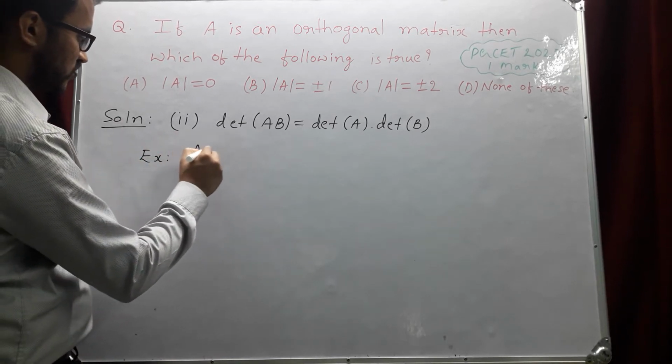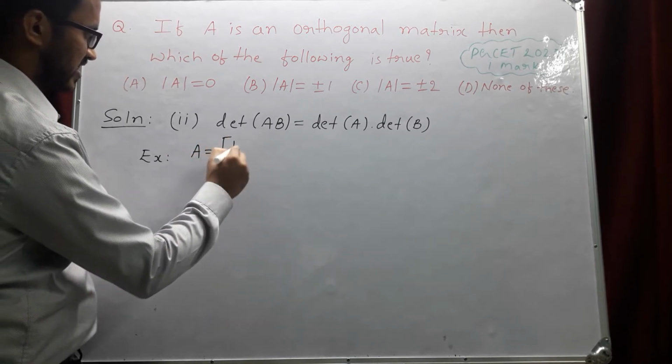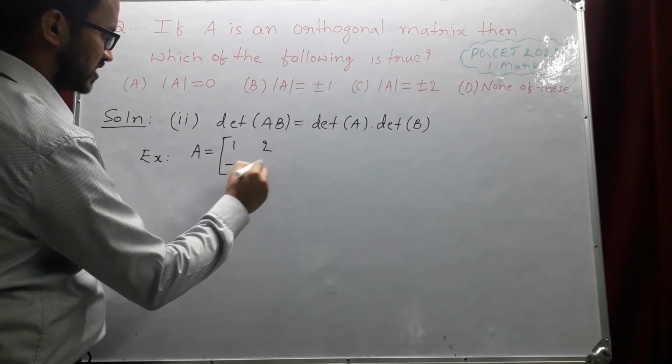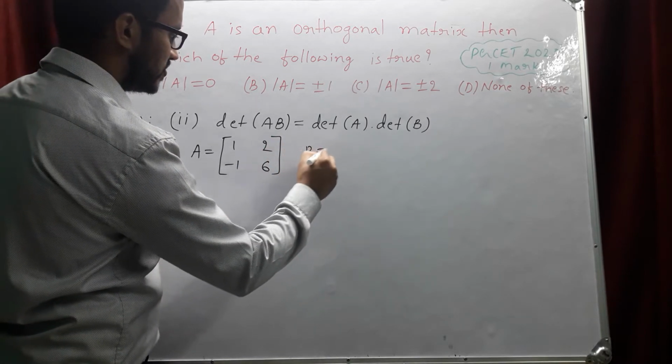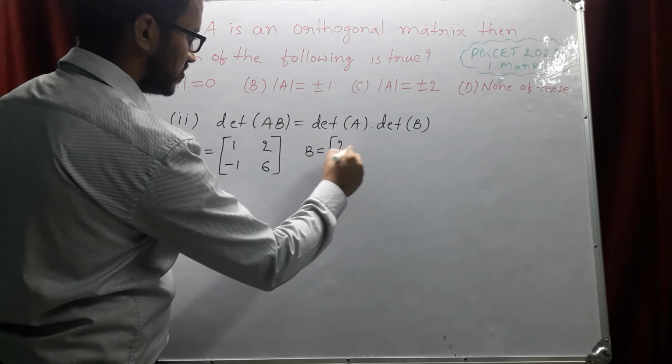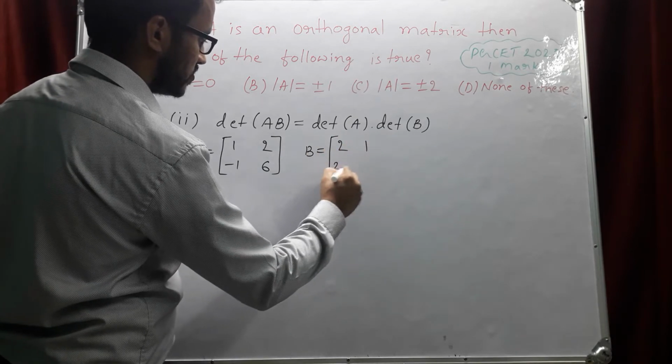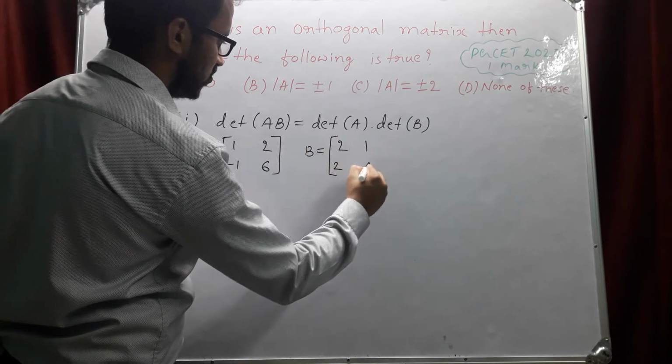Suppose A is the matrix 1, 2, minus 1, 6, and B is the matrix 2, 1, 2, minus 4.